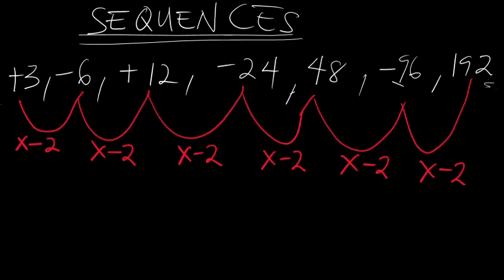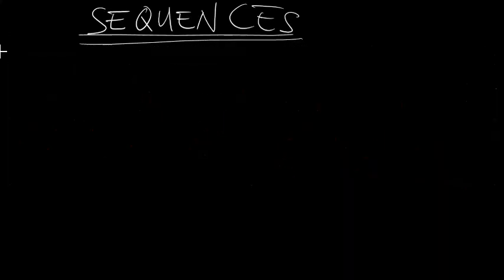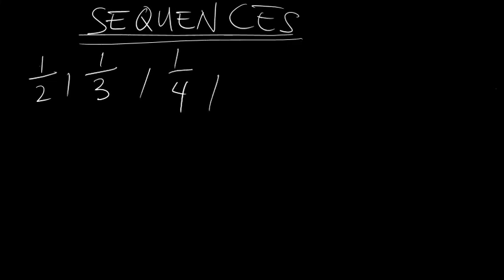Now we also have another kind of sequence. That is a list of numbers. We have another list of numbers like this. You have 1 all over 2, 1 all over 3, 1 all over 4. So to find the next three terms, if you check the pattern, the numerators are 1, 1, 1.